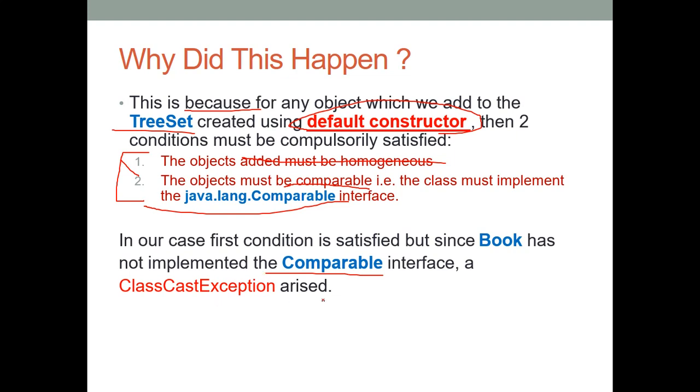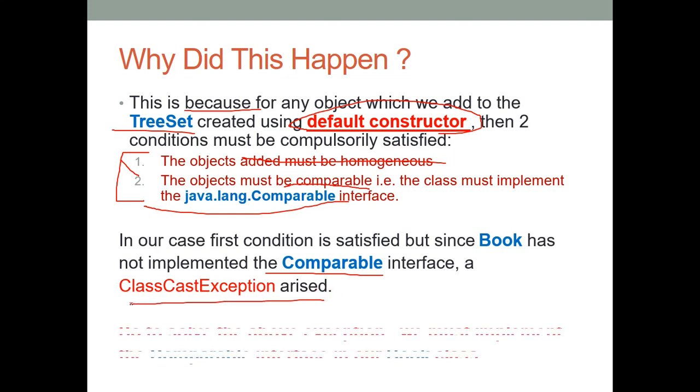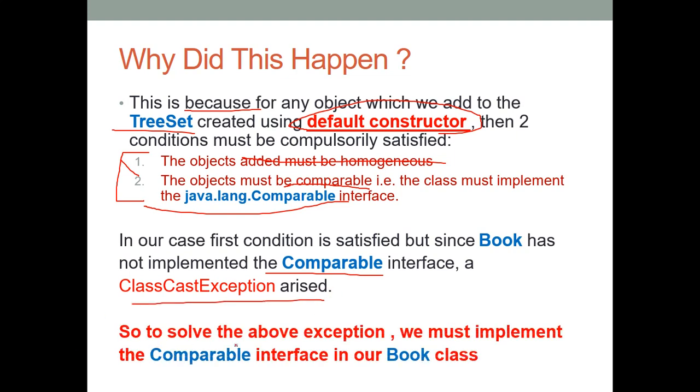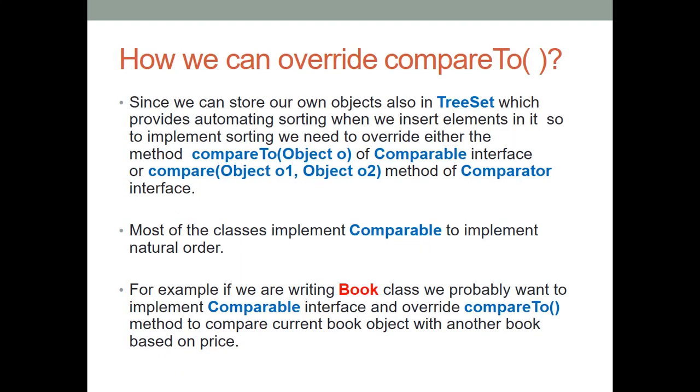Now, to solve the above exception problem, we must implement the Comparable interface in our Book class. Then only your data will be stored in the TreeSet. Next slide: how we can override compareTo. compareTo is a method available in the Comparable interface.